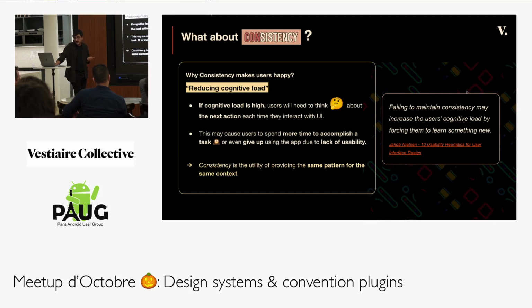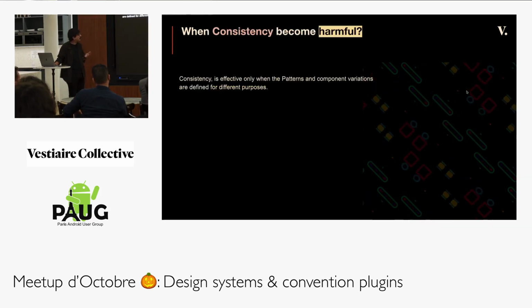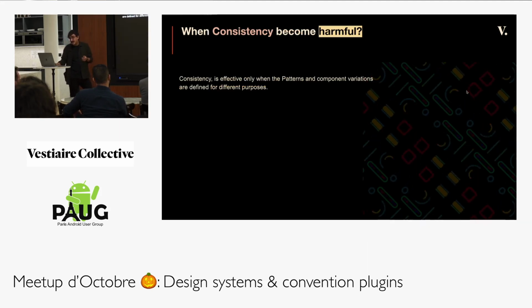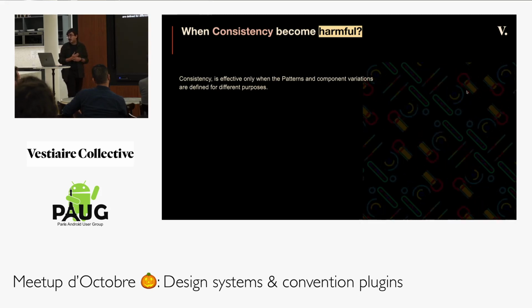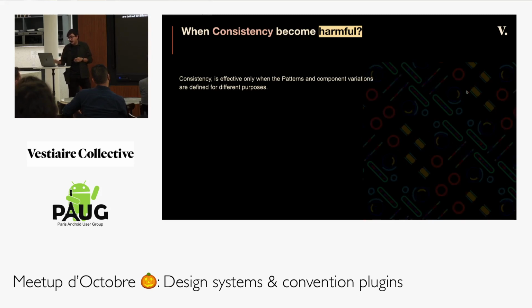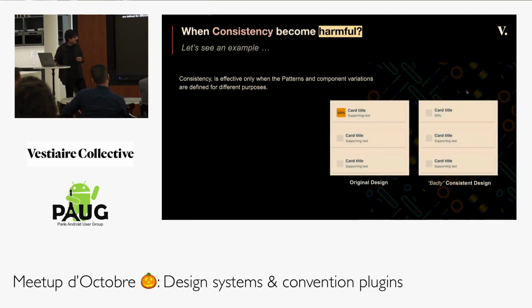However, we need to be careful, as it can become harmful sometimes. Applying consistency shouldn't be a religious rule. It can be harmful. Consistency is effective only when patterns and component variations are defined for different purposes. We can see in these two examples, one original design and one forced into consistency. In the second picture, the card has lost its clarity about the discount.